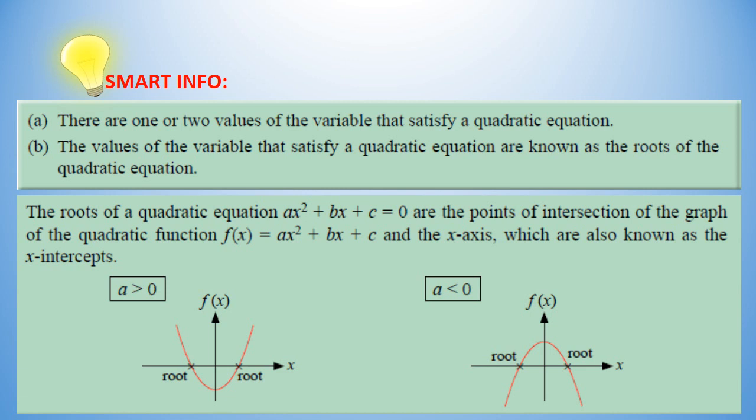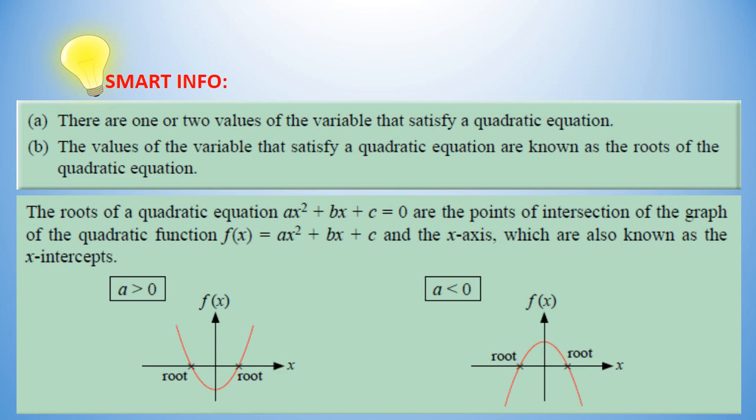Okay, the meaning of the sentence here is, you look at this diagram. If it is u-shape, a greater than 0 is u-shape, right? So the roots here lie on the x-intercepts. So this is 2 roots, okay?